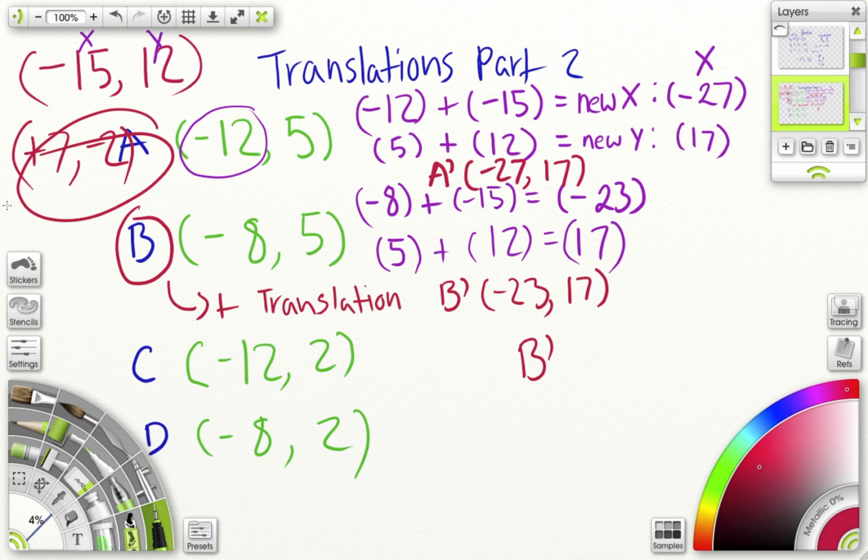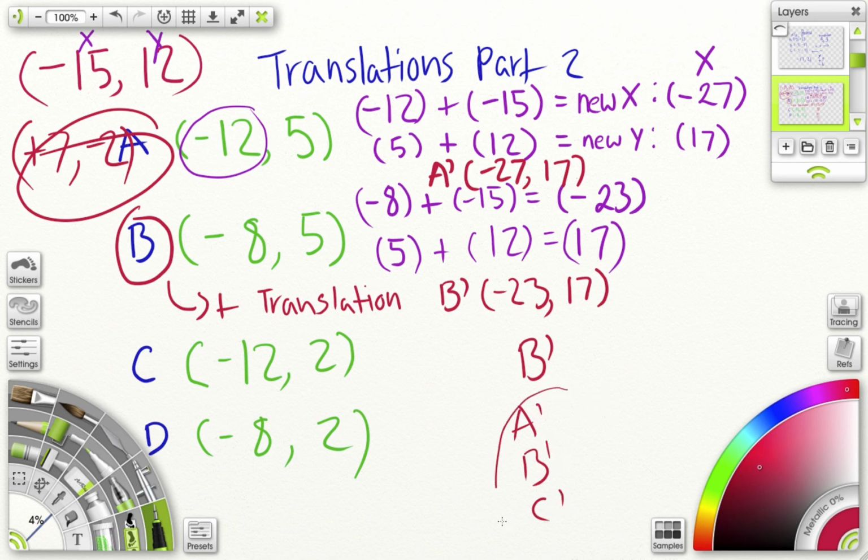I'm going to give you a bunch of coordinates, A, B, C, D, whatever it is, and you're just applying a translation to them. And I think there's going to be one question where it says apply a second translation after original. So how you do that is you find the translation for all these coordinates. You take your prime numbers, so A prime, B prime, and C prime, let's say.